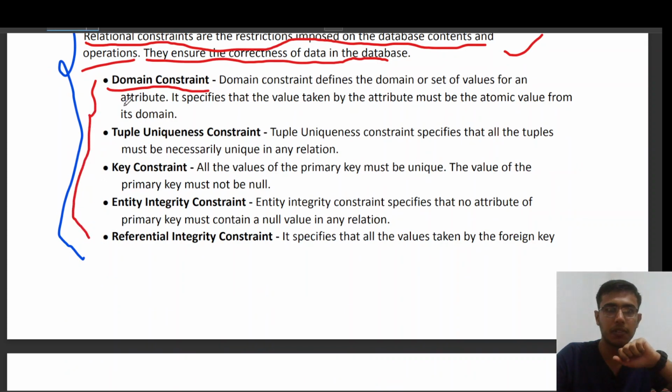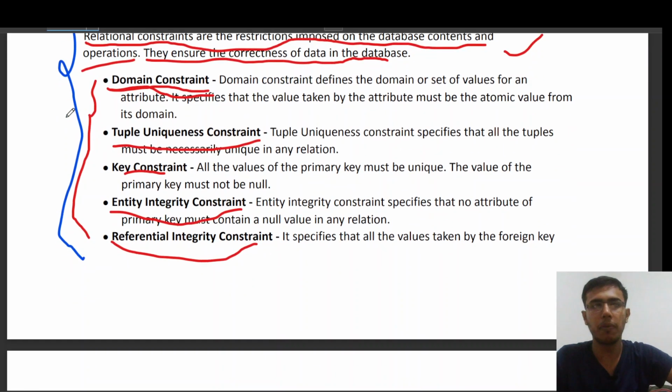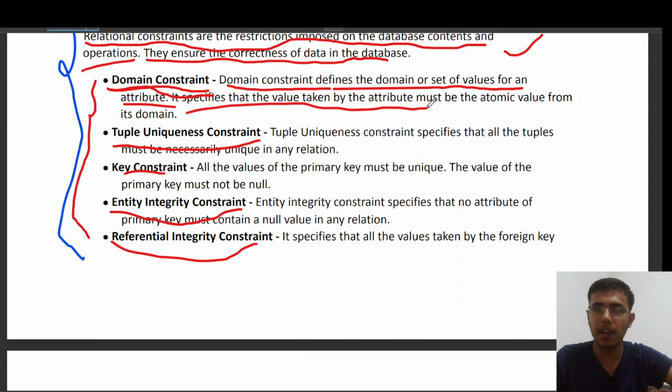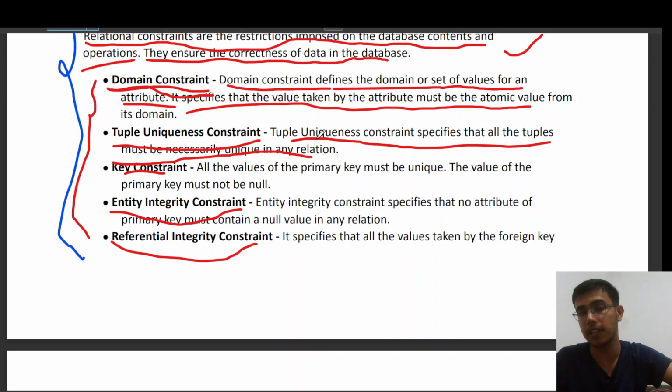Constraints are of these types: domain constraints, tuple uniqueness constraints, key constraints, entity constraints, and reference constraints. Domain constraints are identified as a domain or set of values of an attribute. It is specified that a value taken by an attribute must be an atomic value. A tuple constraint specifies that all the tuples must be uniquely identified in any relation.